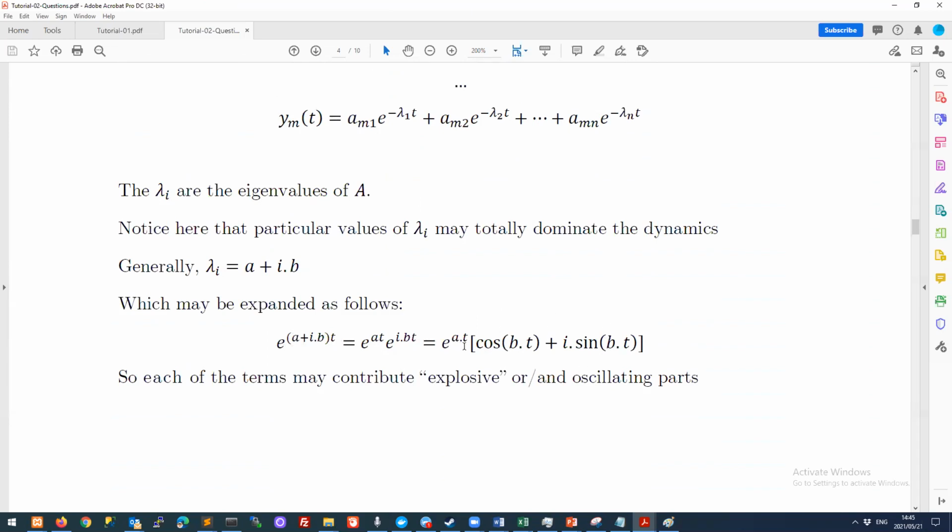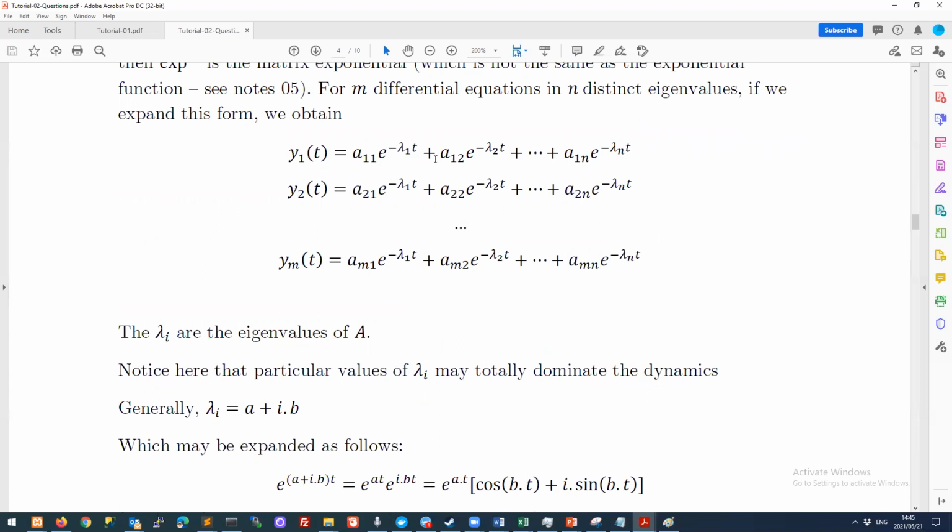And if you have a positive real part, then this is going to go off to infinity. So those are the two things we want to look out for. Positive real parts, because they contribute infinity as time goes on, or imaginary parts which add oscillations to our system. And you see, this is the contribution from a single exponential, and you've got multiple exponentials here to consider.